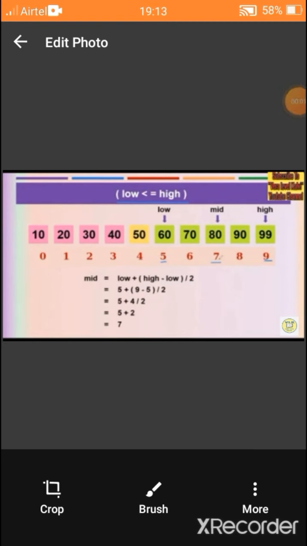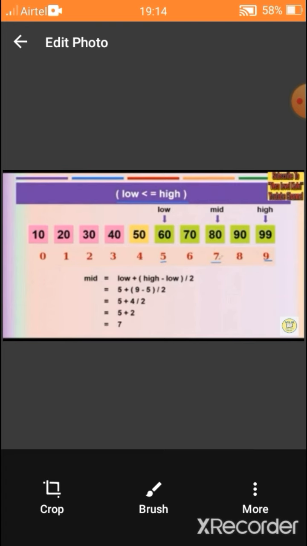This is the continuation of the working principle of binary search. So now we are on the right side of the middle value 50. Now we have to find the new middle value for the right side elements. So apply the formula. The lowest index value is now 5, plus the highest index value is 9.